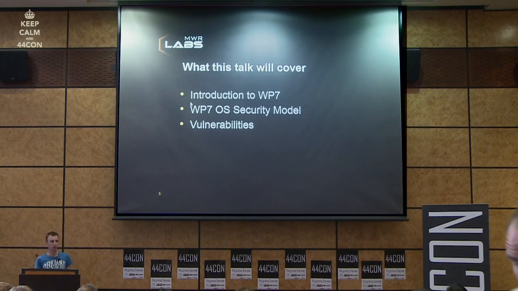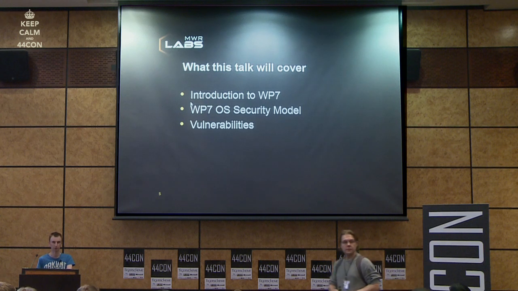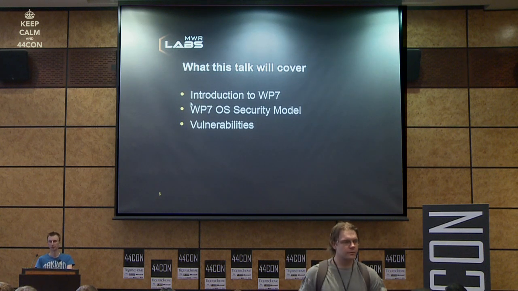So the talk, I'll start off with the introduction for those of you who don't know about Windows Phone 7 and don't know about the ecosystem. Then after that, I'm going to speak about the security model, the features, and then finally the vulnerabilities.